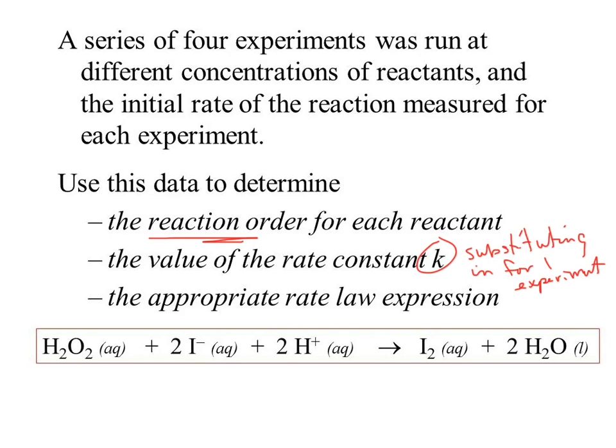And to me, and sometimes I'm not as clear about this during the semester as I'd like to be, when it says give the appropriate rate law expression, that means you're going to rewrite that generic thing.